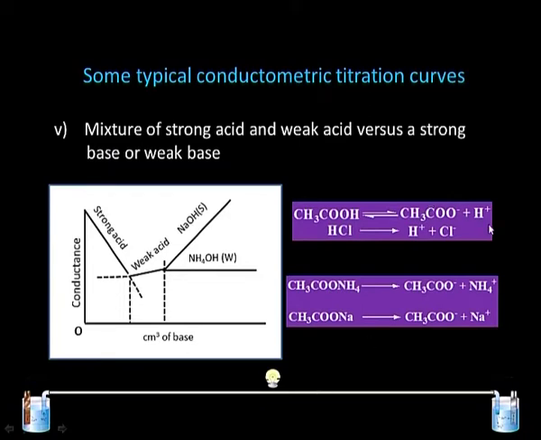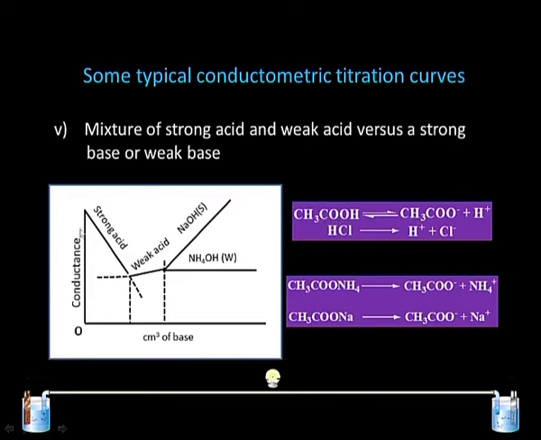If you look at the two equations, the question arises why the weak acid is not dissociating initially. This can be answered if you look at these two equations. HCl, being a strong acid, is capable of dissociating completely into ions, but acetic acid is a weak electrolyte, it dissociates feebly into acetate ion and H plus ion. The moment these two are in the mixture, the H plus ion suppresses the formation of acetate ion, and the equilibrium shifts in the backward direction.